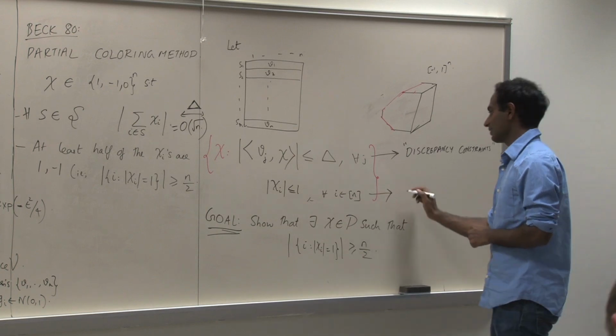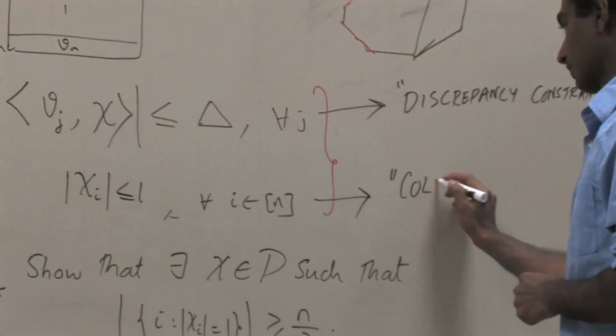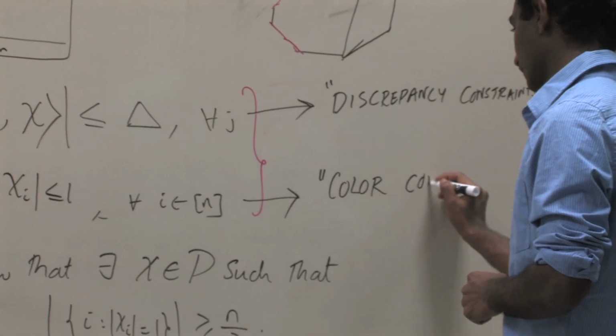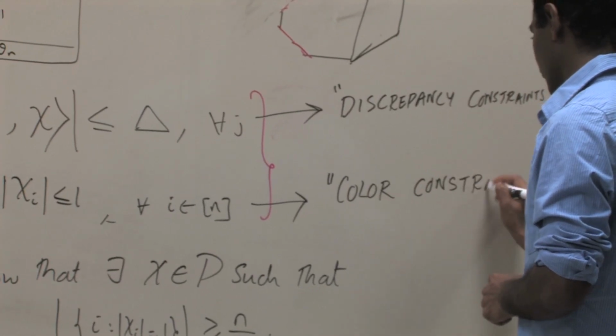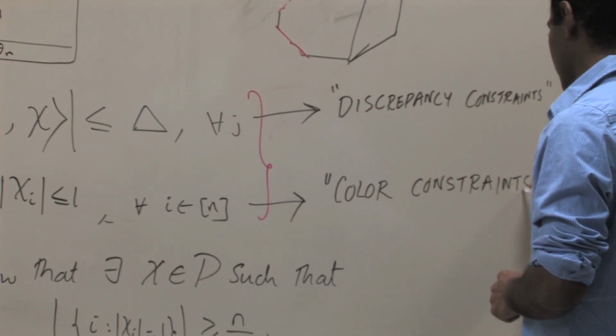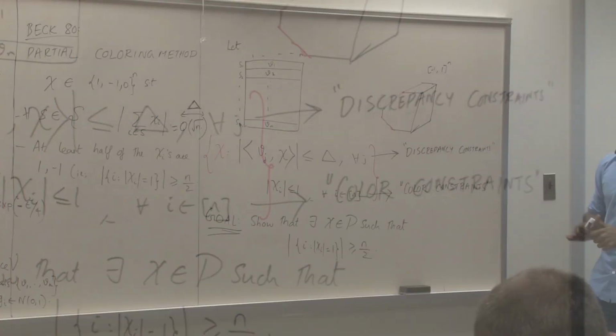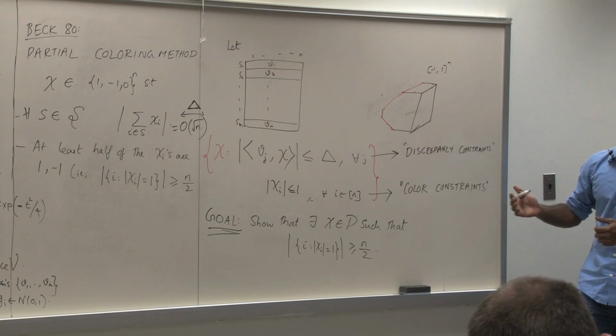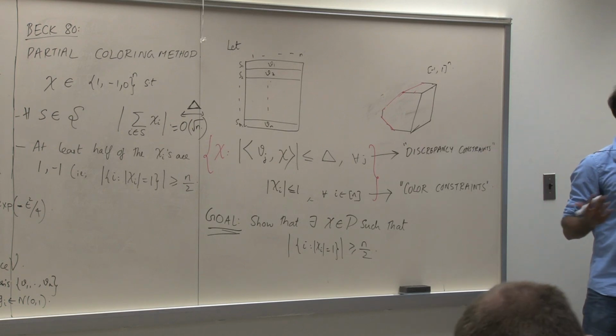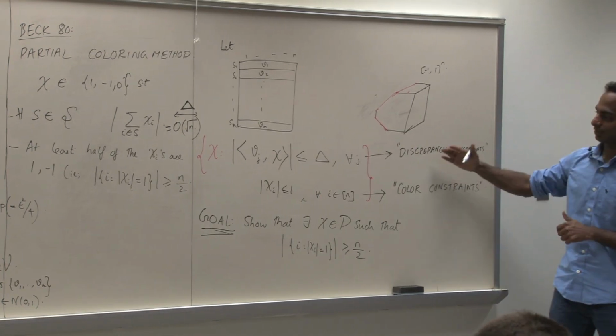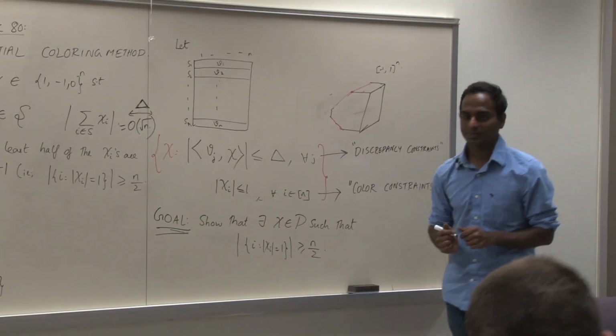And let's call these the color constraints, because they're coming from the condition that each element should eventually be colored with 1 or minus 1.